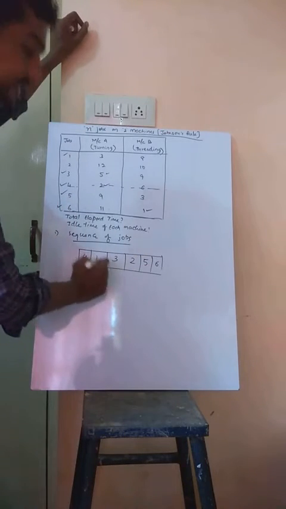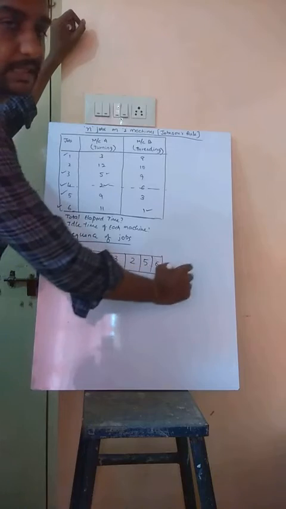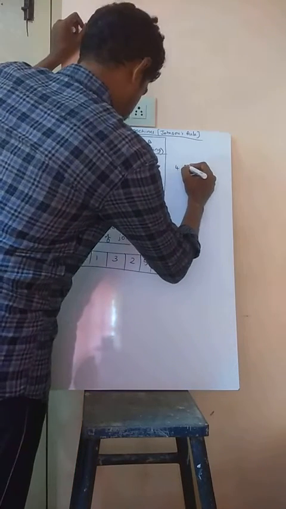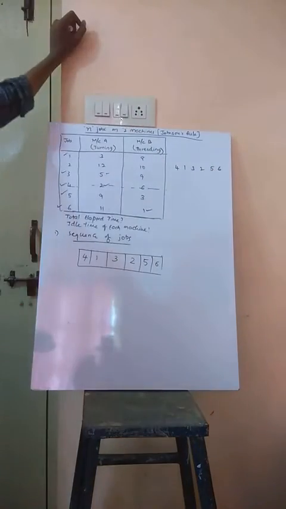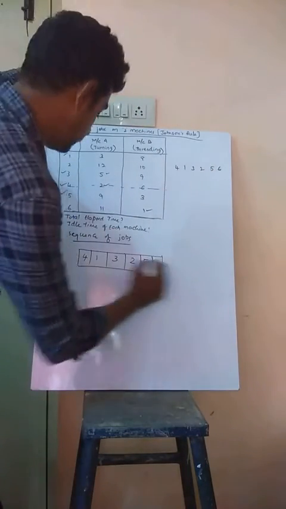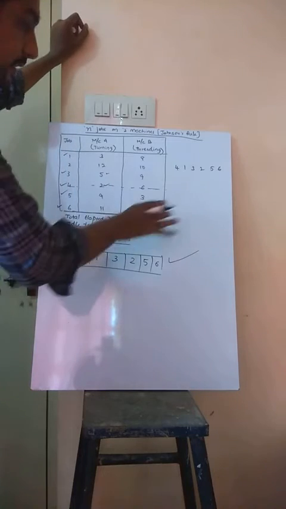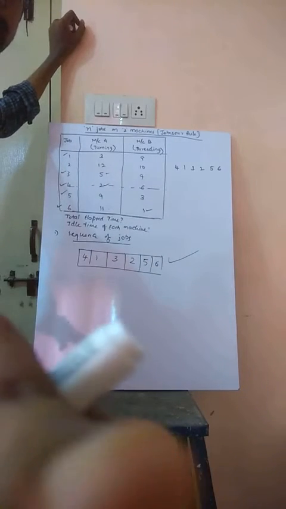The sequence of the jobs is 4, 1, 3, 2, 5, 6. This is the first half of the problem that has been completed.